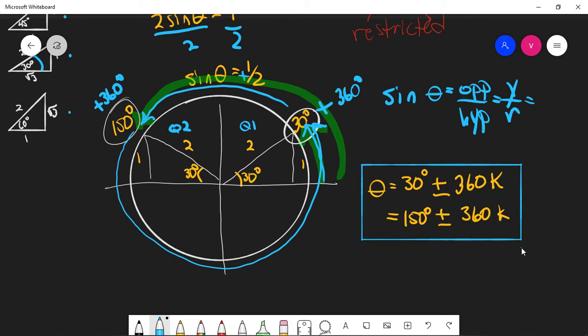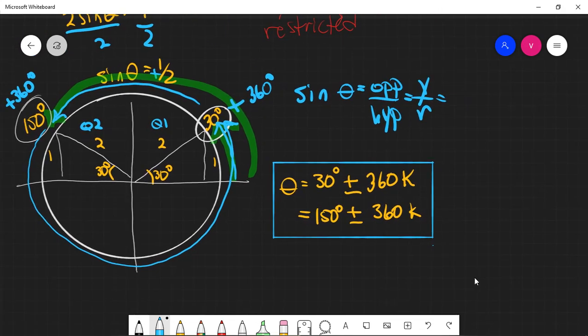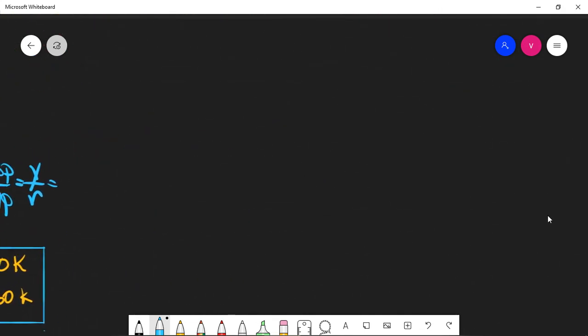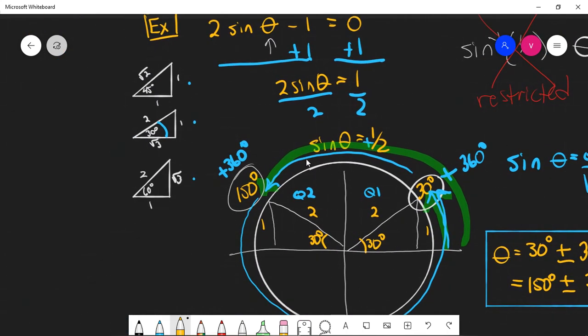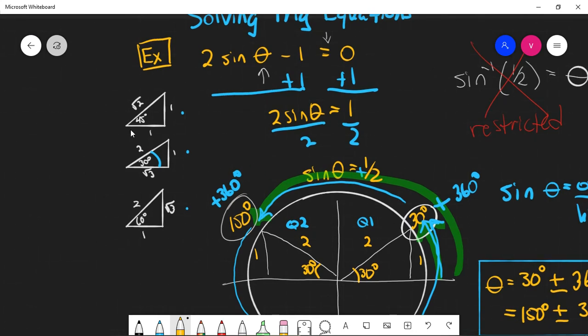All right, let's try another one. Try it for the cosine. Same idea. So if I say the cosine of theta equals 1/2, with your special rights over here, which one of these would give you a cosine of 1/2?